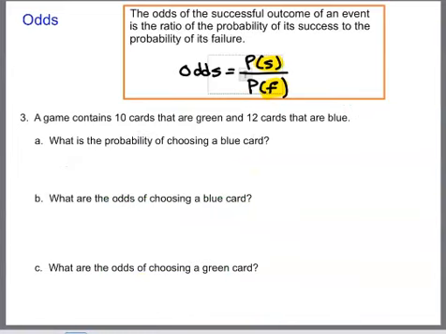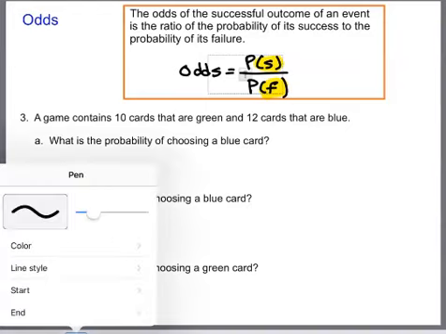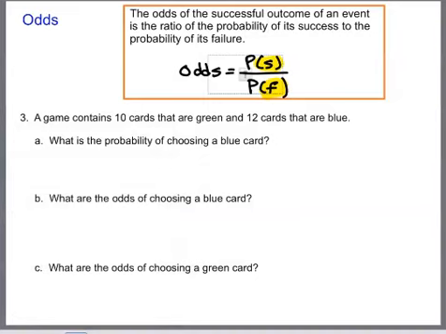All right, now we're going to talk about odds. So the difference between probability and odds is probability is how many ways it comes up out of how many total. Odds are how many ways it comes up out of how many ways it doesn't come up that way. Another way to think of that is, I'm sorry, how many ways it comes up that way out of how many ways it doesn't come up.